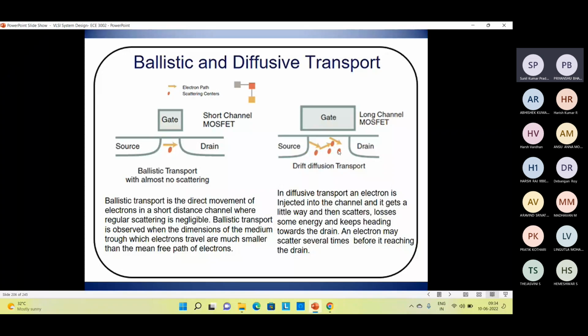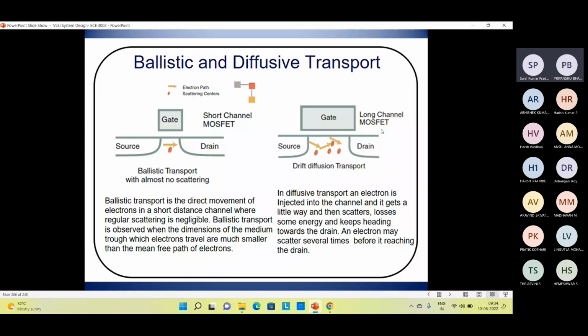So whatever electrons originate from the source will at the end reach the drain, but they will collide with some scattering centers. In that case, this kind of transport behavior is called diffusion transport.